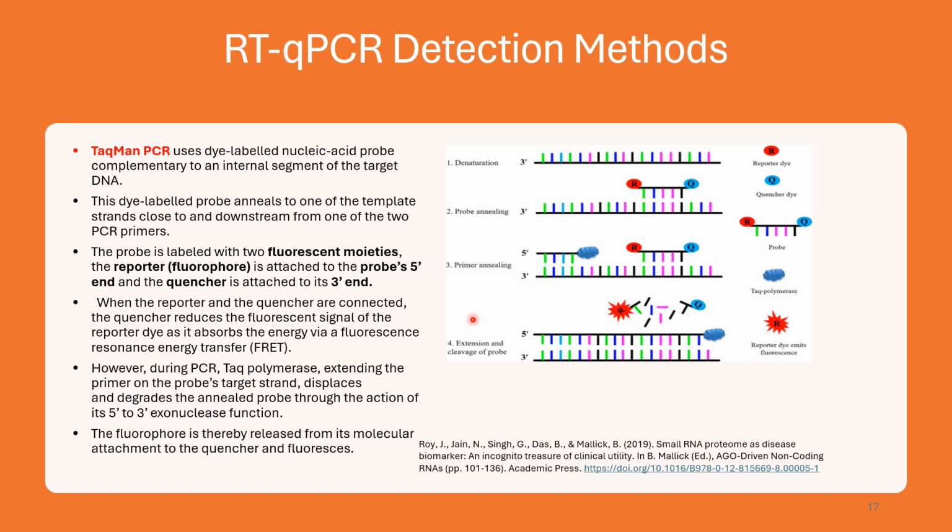As more PCR products are generated, more dye-labeled probe will find target regions to join, which eventually leads to the release of reporter molecules during the subsequent amplification process. The release of reporter dyes is reflected as increased intensity of the fluorescence signal, which is proportional to the amount of amplicon synthesized.